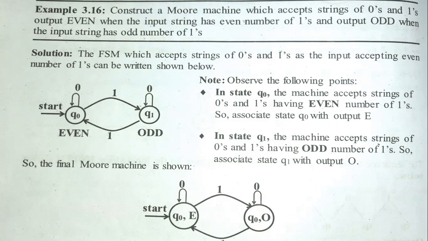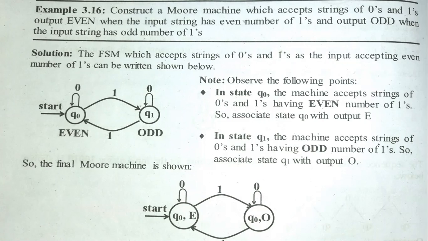Only one, so 1 has occurred one time. It means odd. Wherever there is a possibility of an odd number of ones, we need to project the output as odd, and where we expect an even number of ones, there we need to project even.